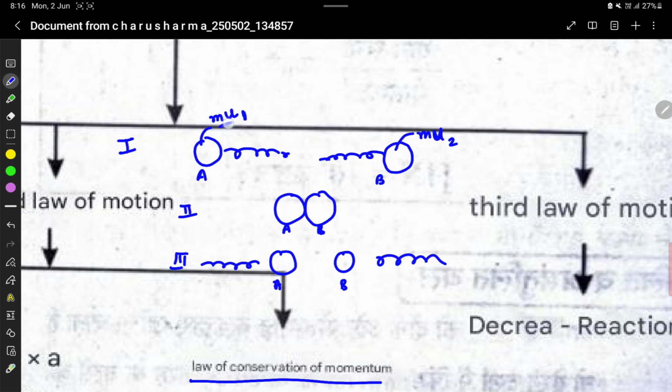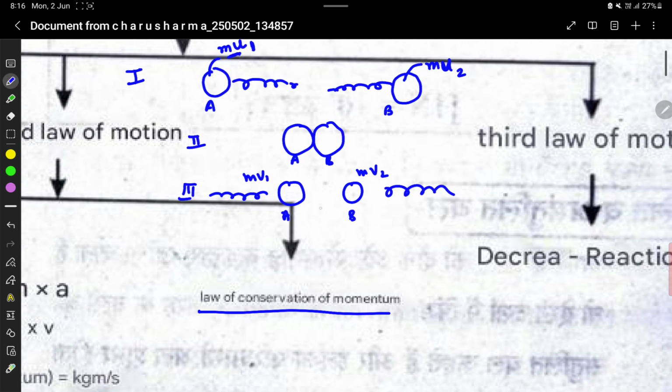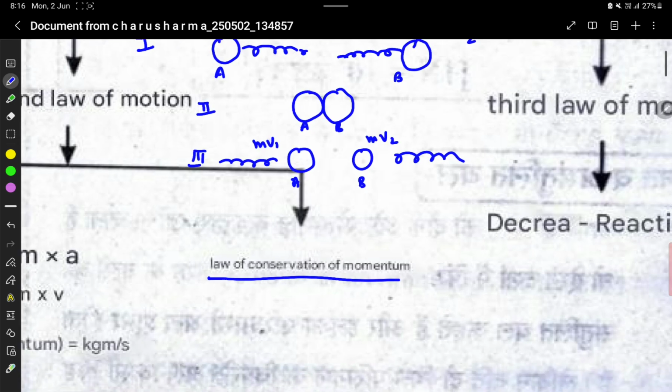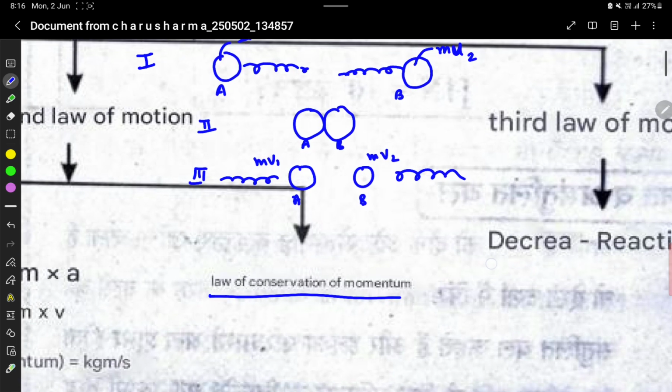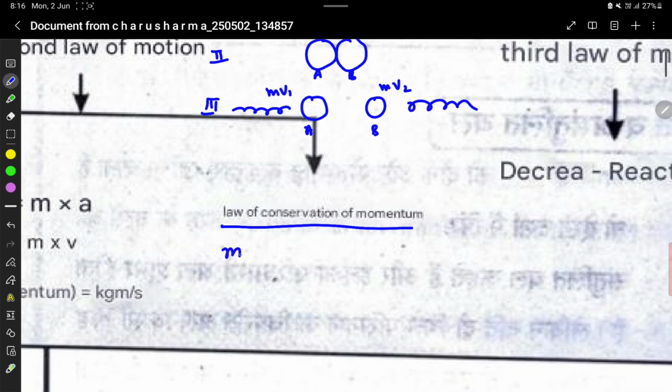So initially they are having what? They are having the initial velocity represented by u1 and u2, and now they will move with the velocity v1 and v2 because this is going to be their final velocity, right? So if I have to write this statement in the law of conservation of momentum, what I will write? I will write that m u1 plus m u2 is equal to m v1 plus m v2.